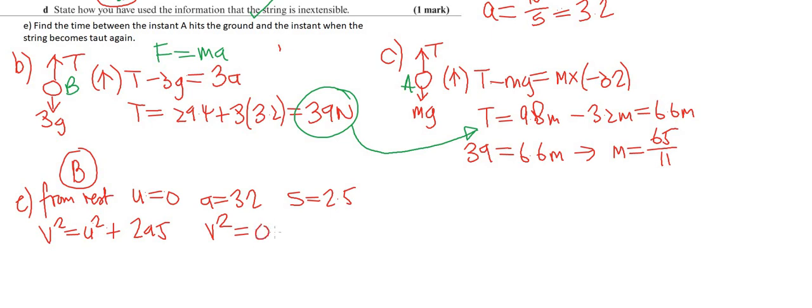That's going to be u, which is 0, plus 2as, which is 2 times 3.2 times s, which is 2.5. Multiply those up, I get that v squared is 16, so therefore the velocity when A stops is 4. Right, now that's our part A.